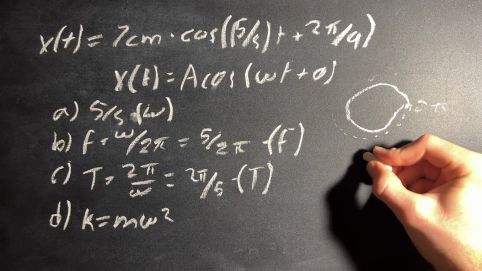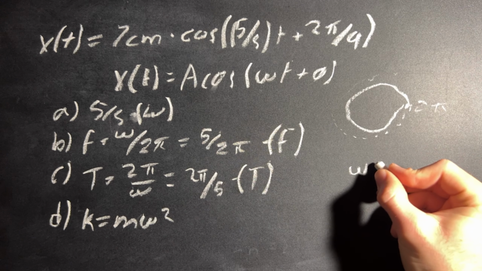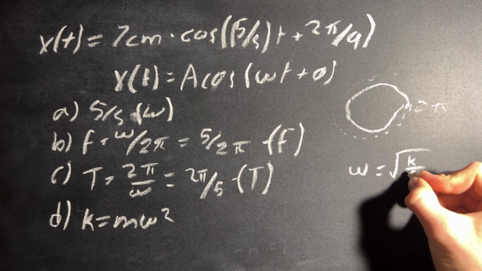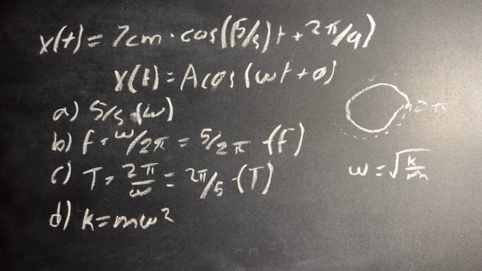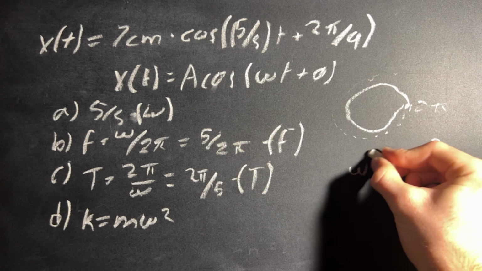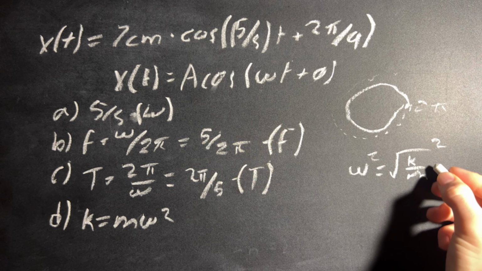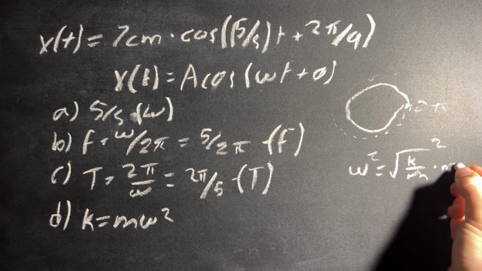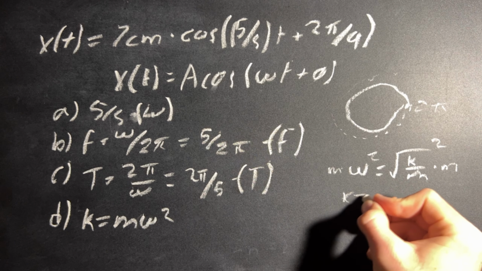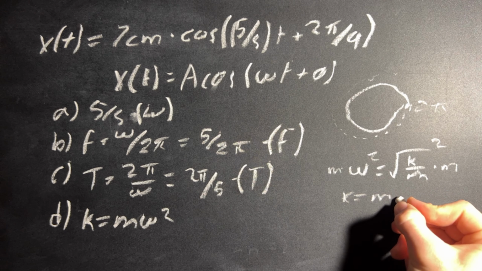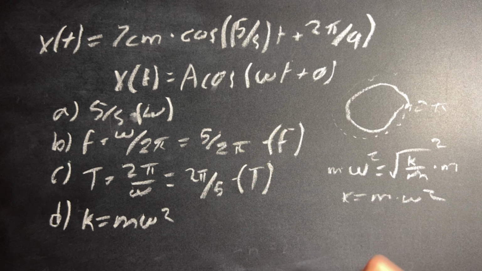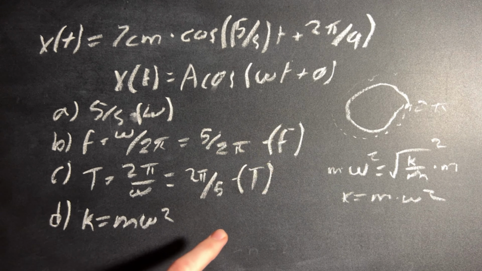Well, angular frequency is equal to the square root of K over M. So if we want to solve for K, we have to square both sides to get rid of the square root, and then multiply by M on both sides. So when K is alone, we have mass times omega squared. Just like that. So that's how we got that value.